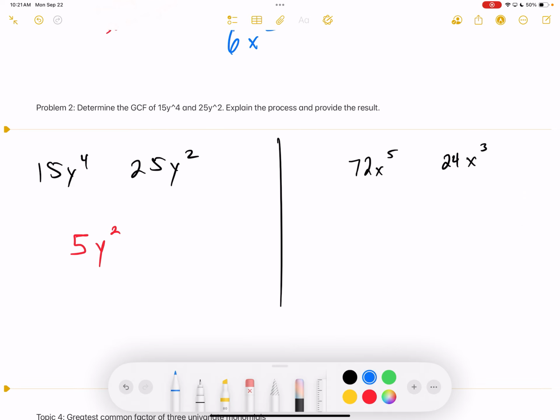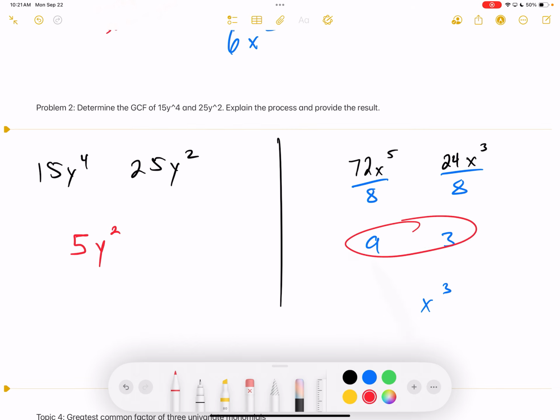Okay, so like if I was doing this one and I didn't take the biggest number, what's the first number that comes to your head? Is 72 and 24? 9. Not 9 because 24. 8, right? If I take an 8 out, I'd get 9 and I'd get 3. Okay, we know it's x cubed, right? It's the smallest exponent. Well, can I take something out of 9 and 3?